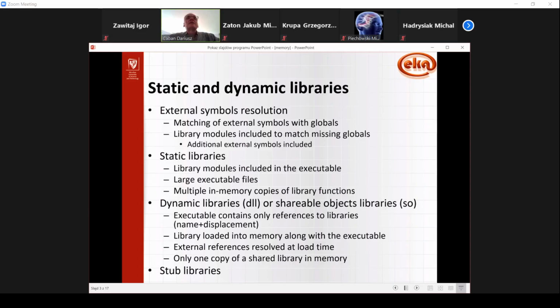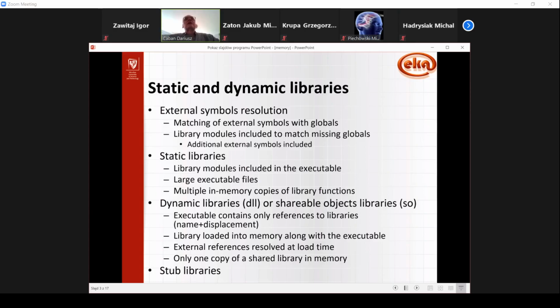If something like that occurs and you are loading your program, then the loader will check whether there is a copy of the dynamic library in memory. Okay, if there is one, it will not do anything except that all the jumps to the dynamic library will be translated to references inside that library.